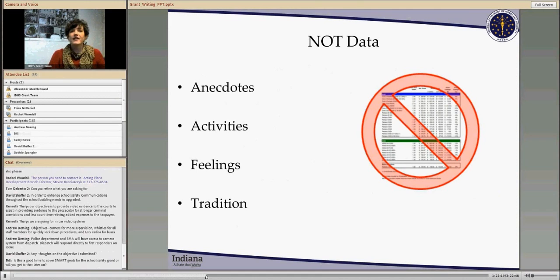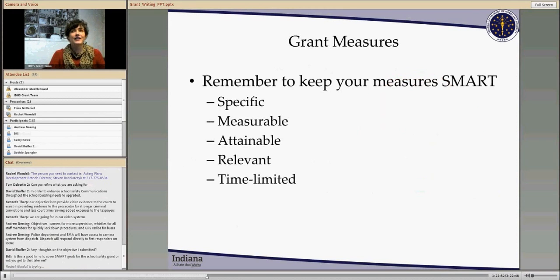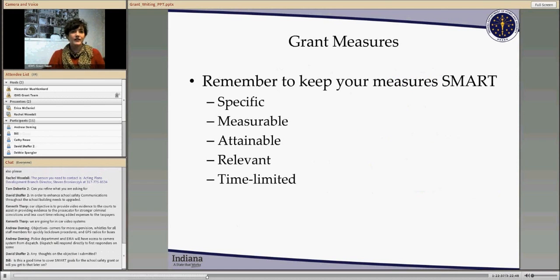There is probably data in back of that you can use to support your outcomes and your needs as well. Tradition, just because you've always done something a certain way does not necessarily mean that you need to continue using it, and you shouldn't use it as the basis either for an objective or a needs assessment.